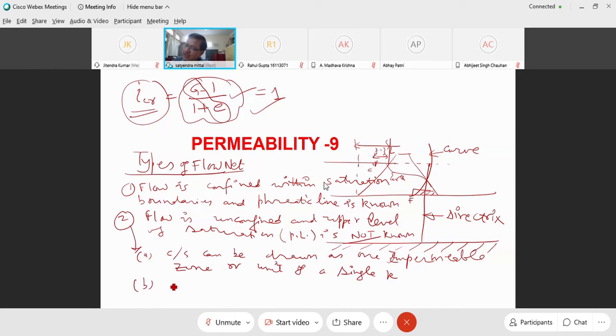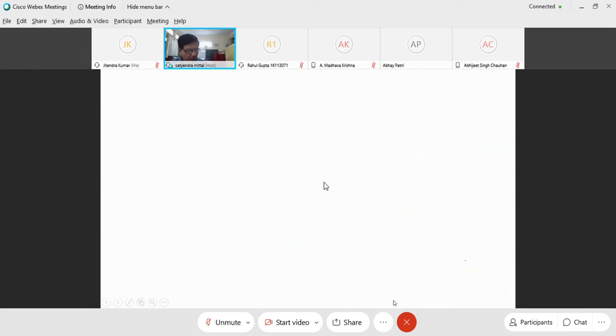The second subdivision is that the cross section contains two or more zones or units of different permeability. This is also called composite section.